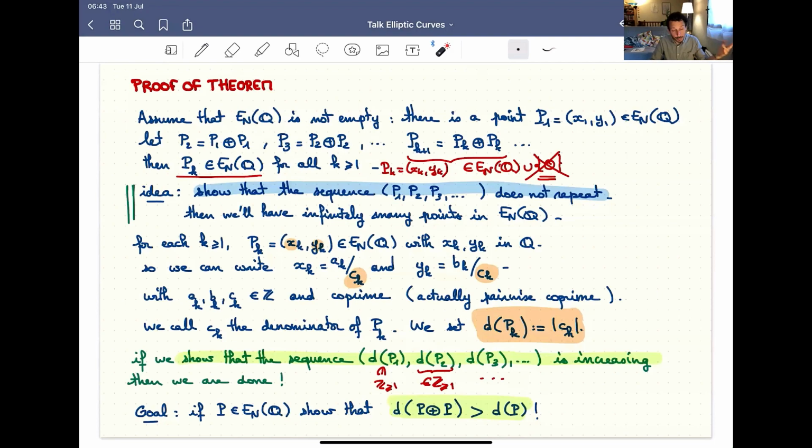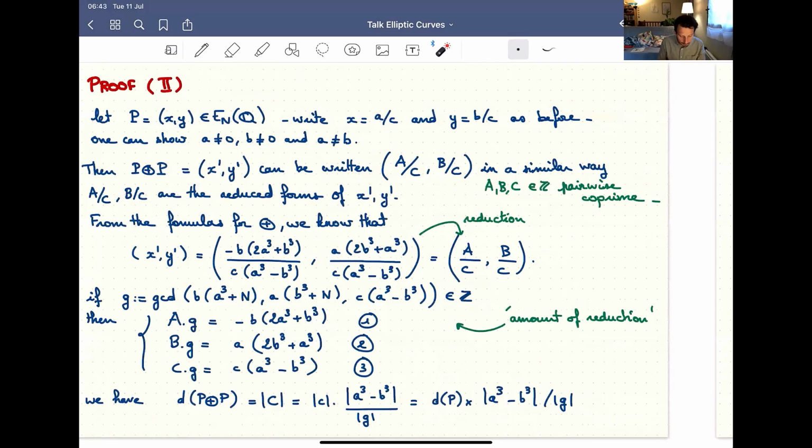Work out some examples and you will realize that not only does the denominator increase, it increases very fast in this sequence. Okay, so I will skip the details of the proof.